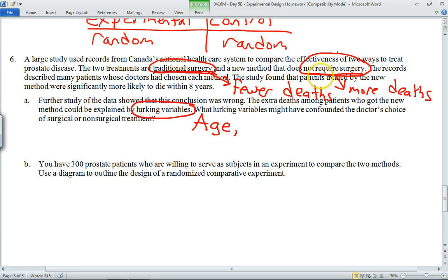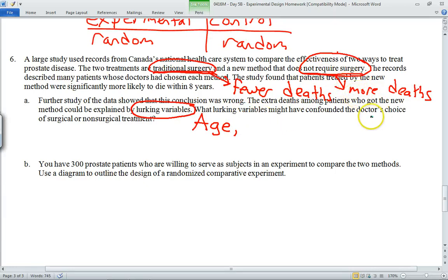because if you have older patients and the doctor's saying, you know what, they're really too old for surgery, let's try this other treatment instead.